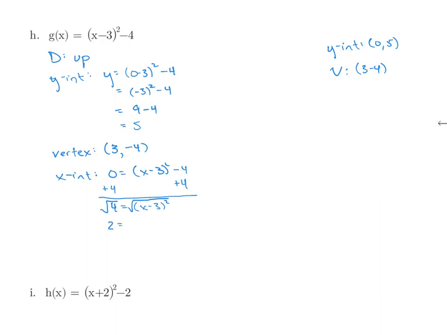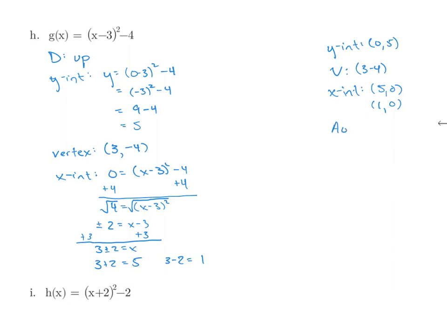We get plus and minus 2 equals x minus 3. And if we add 3 to both sides, I get 3 plus and minus 2 equals x. So 3 plus 2 equals 5, and 3 minus 2 equals 1. So my x-intercepts are (5, 0) and (1, 0).